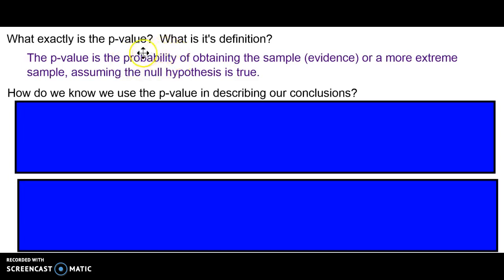So if the probability of getting a sample of green M&Ms is a lot different than what we expected, then maybe what we expected is not true. Maybe we shouldn't expect that.